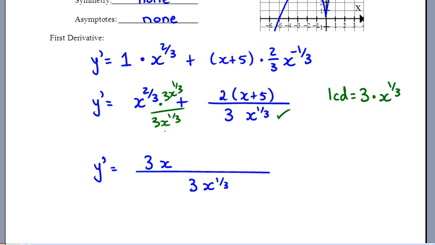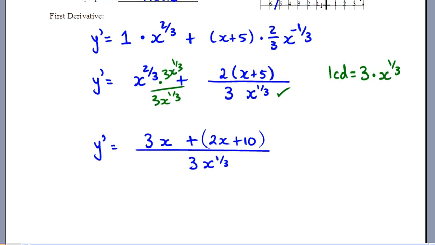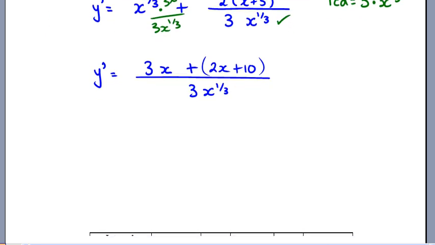And then here we still have this 2 times x plus 5. Okay, so that'll be like a 2x plus a 10, right, by the time we distribute that 2. Oh, okay, well, we can keep going with this. Let's tidy this up a little bit.